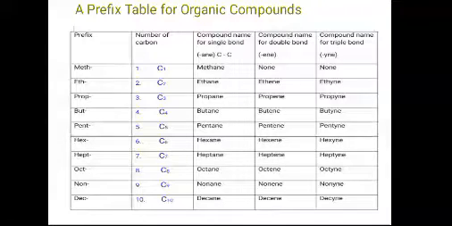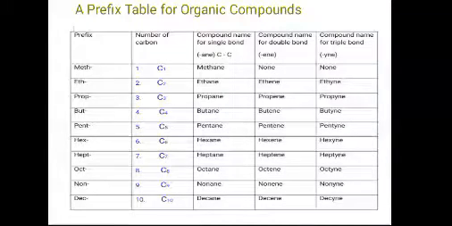So I want to believe that you've been able to pick 1 or 2 things as regards naming of an organic compound. When you have compounds to be named, the first thing that comes to your mind is how many carbon atoms are there in that compound. And when you know the number of carbon atoms, the prefix table will help you tell the name, or rather the prefix, for that number of carbon atoms present.